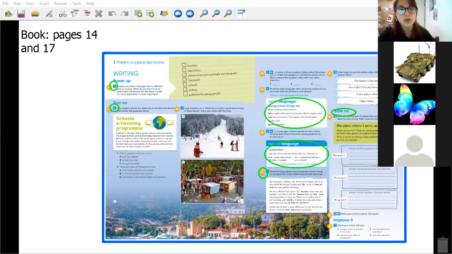So we say location. What is location? Lugar. Population. Ubicación. The people. Places where young people can hang out, spend their time together.